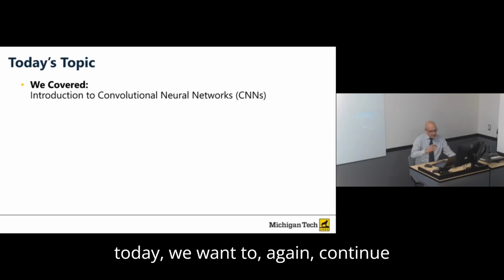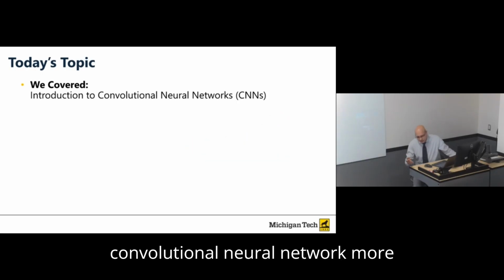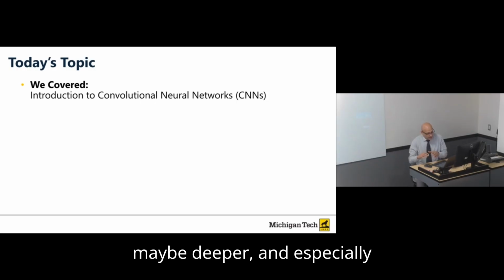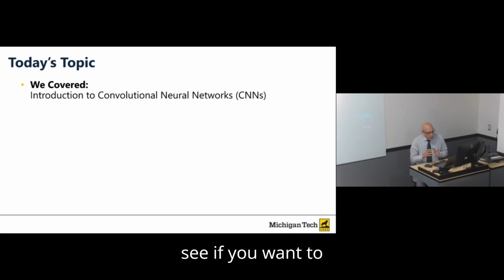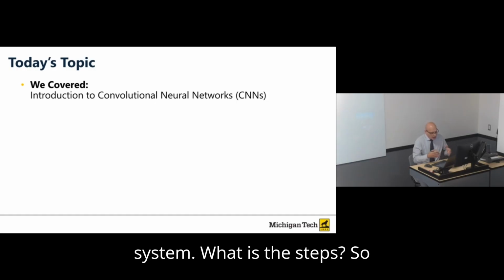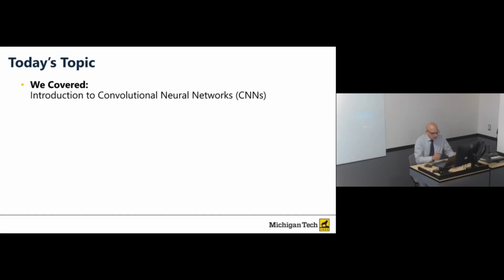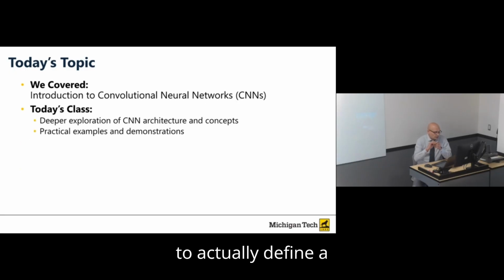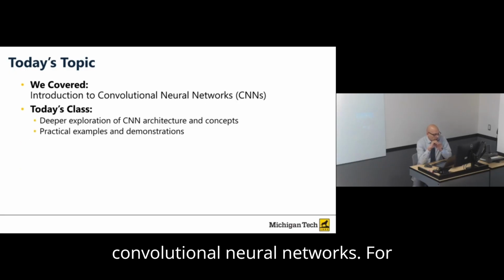Today we want to continue with convolutional neural networks, maybe go deeper, and especially see, if you want to design a convolutional neural network for a system, what are the steps and how many steps we need to define one.